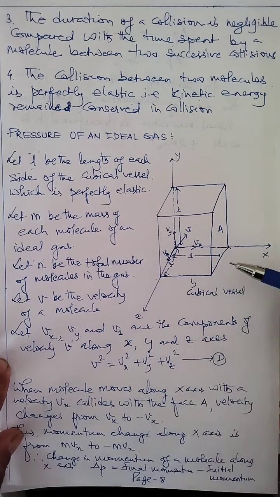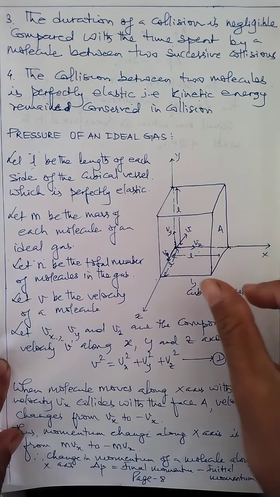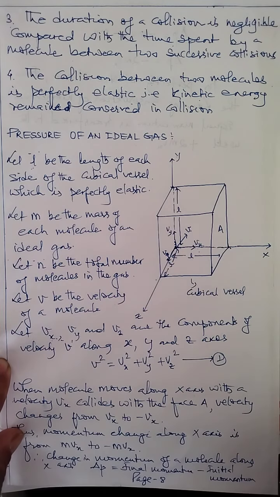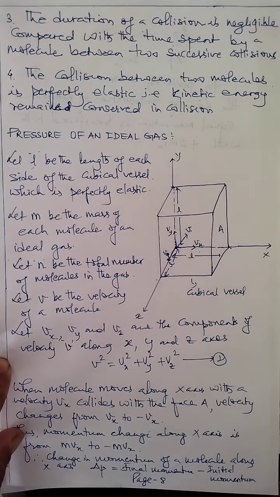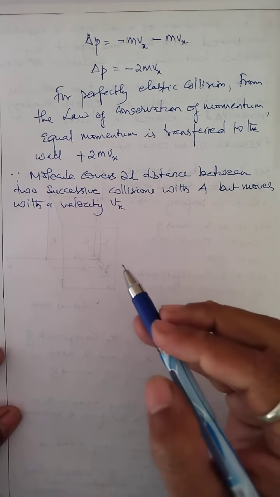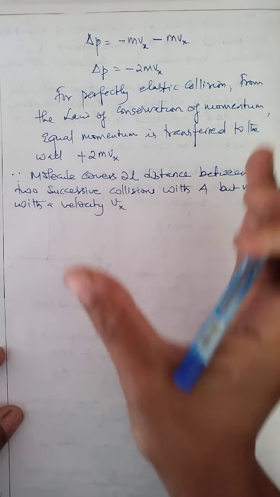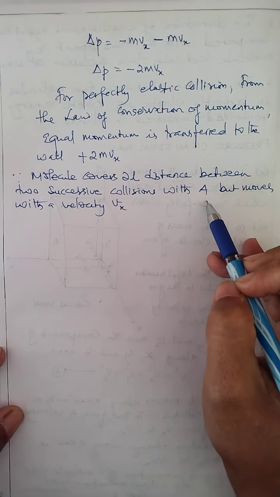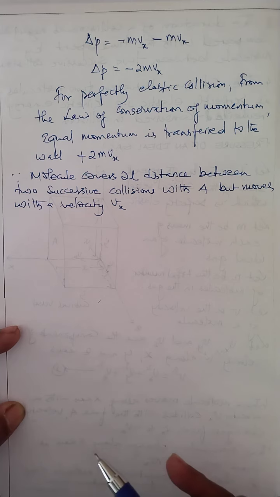L. Going this side is L, again coming back and colliding with this is L. So L plus L is how much? 2L. So the distance covered by a molecule between two successive collisions with this face is 2L. As I said earlier, a molecule covers 2L distance between two successive collisions with A, but moves with a velocity of how much? bx.